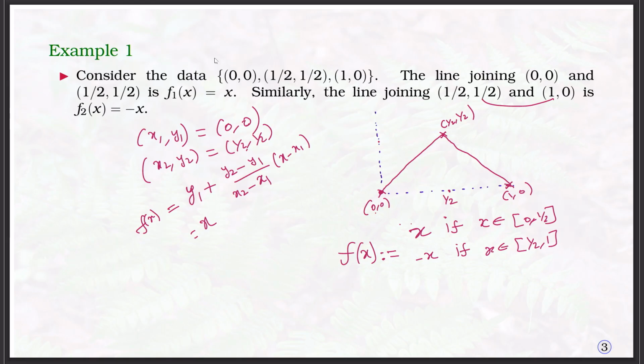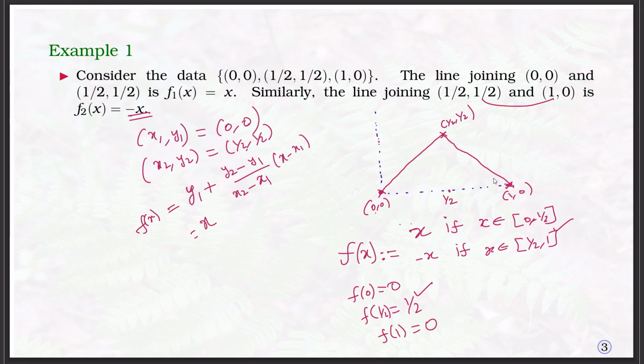So, as per the definition of interpolation theory, if you take f of 0, one can get f of 0 is 0, f of 1 by 2 is equal to 1 by 2, in both the cases it will get 1 by 2, and if you are taking f of 1, then f is 0.